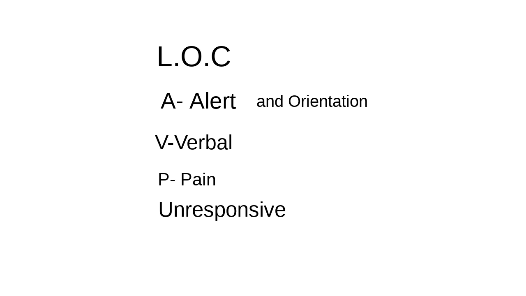For now, I will add GCS, Glasgow Coma Scale, later. For now, AVPU. The A is alert and oriented. So we look to see if the patient is alert, awake, and we check their level of orientation to person, place, time, and event.